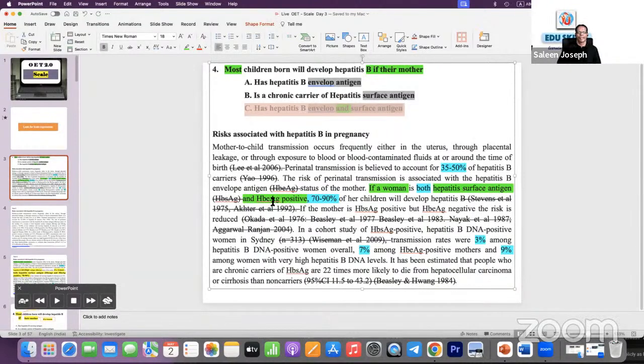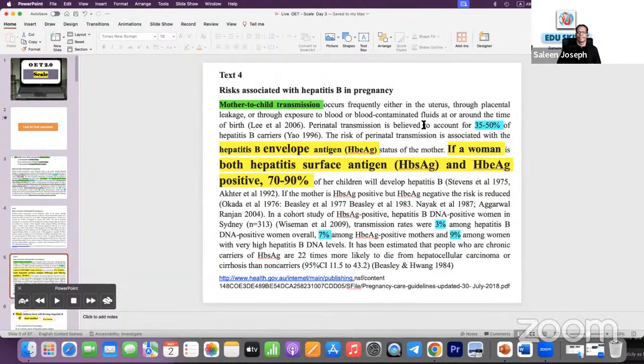Okay. And HBeAg positive. This is antigen. This is surface antigen. This is B. Envelope antigen. So the synonyms we have to look into. So it is like this. See, 70 hepatitis B envelope antigen, status of the mother.